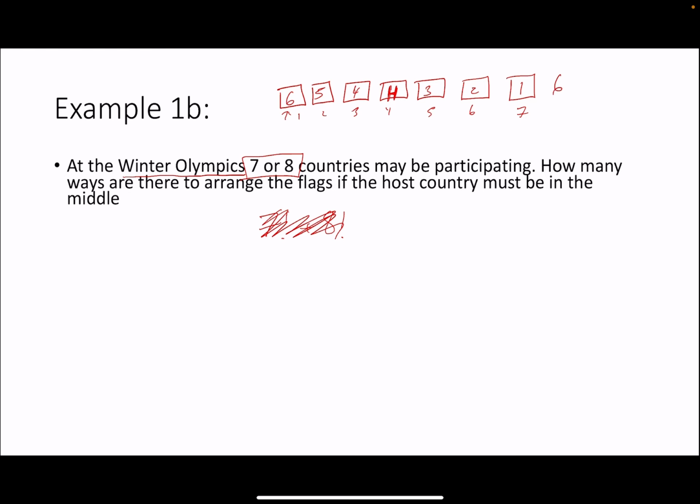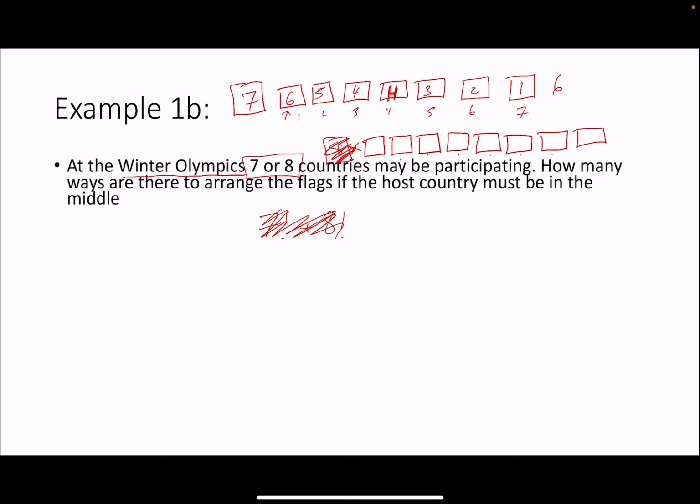Well, what about 8 countries? And what does the middle mean in 8 countries? By the way, if there's 7 flags, that's automatically a different arrangement than if there's 8. So they're mutually exclusive. Let's not get confused. 1, 2, 3, 4, 5, 6, 7, 8.